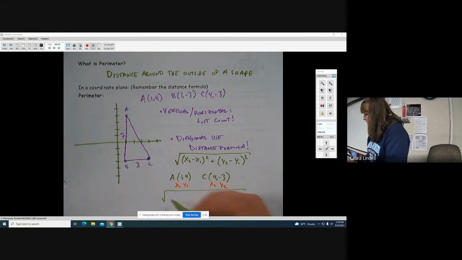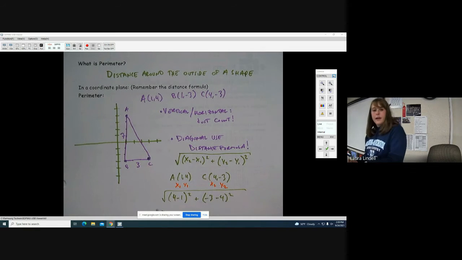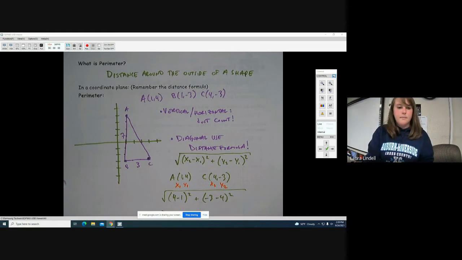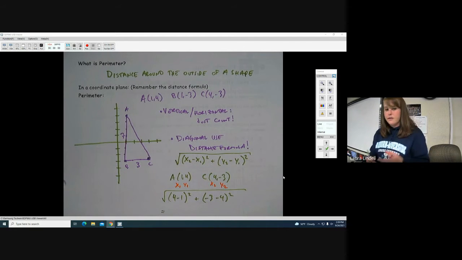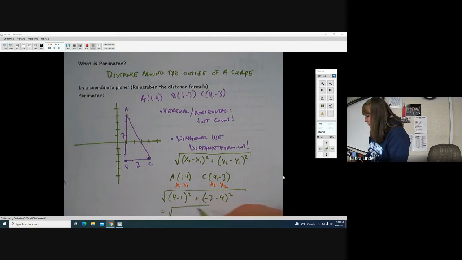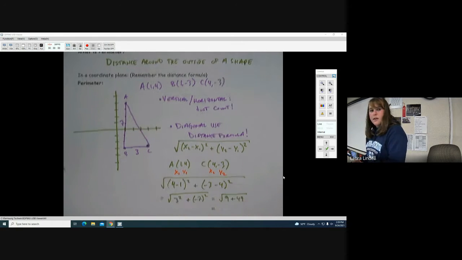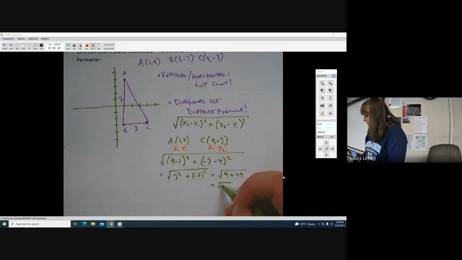So the square root of (x2 minus x1), which would be 4 minus 1, squared, plus (y2 minus y1), which would be -3 minus 4, squared. At this point, you could toss that into a calculator if you like, but I'm going to continue simplifying without one for the moment. 4 minus 1 is 3. -3 minus 4 is -7. Squared gives you 9 and 49. Add them together, you get the square root of 58.